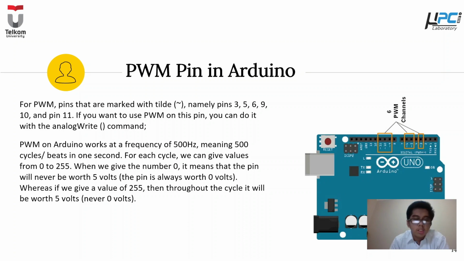For each cycle, we can give a value from 0 to 255. When we give the number 0, it means that the pin will never be 5 volts, or the pin is always 0 volts. If we give a value of 255, then through the cycle it will be 5 volts, never 0 volts.